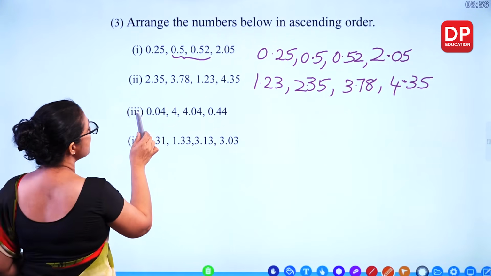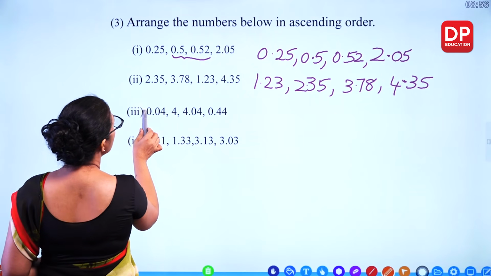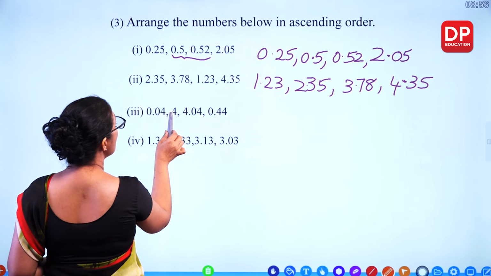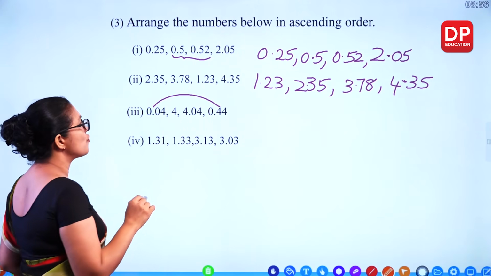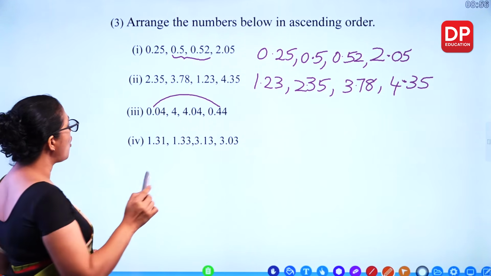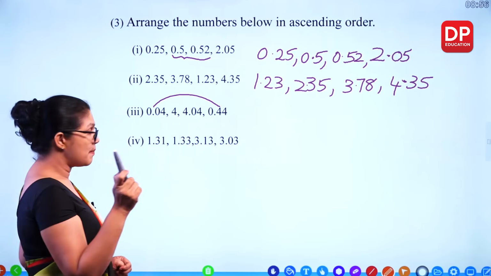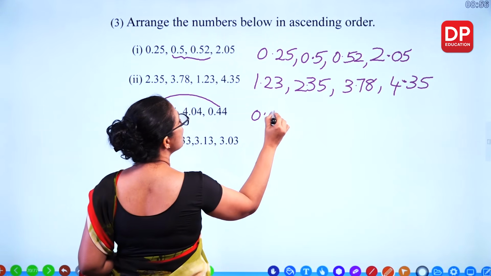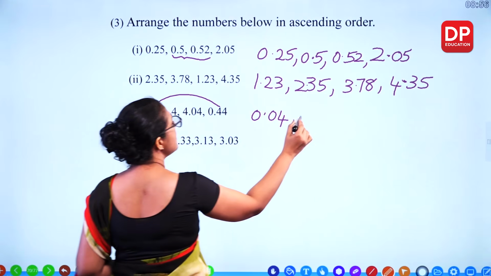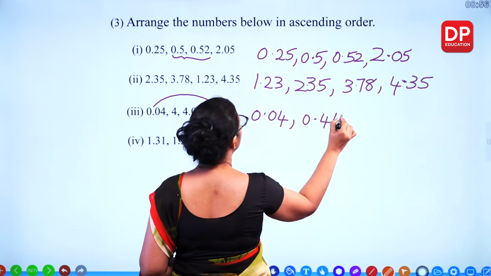This one, starting from the ones place, 0, here 4 and 0. So we have to compare these two first. Which one is smaller? The first decimal place, that's 0 and 4. So this is the smallest. 0.04 is the smallest. Then 0.44.